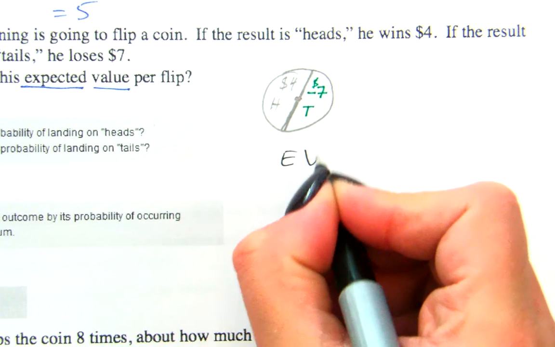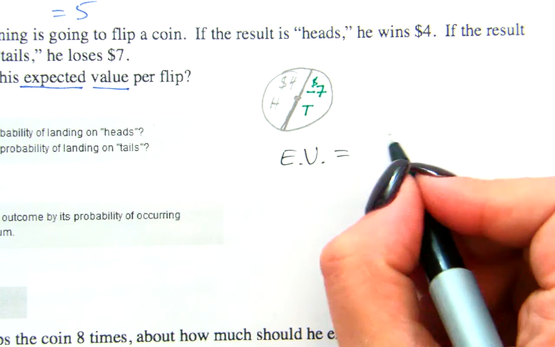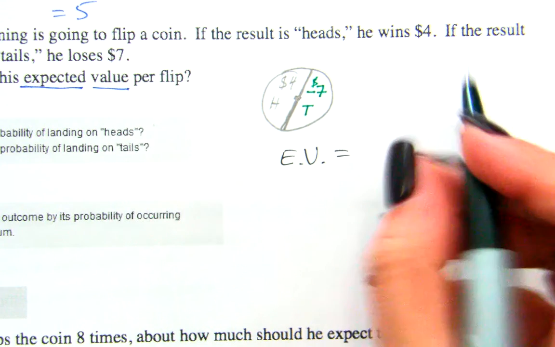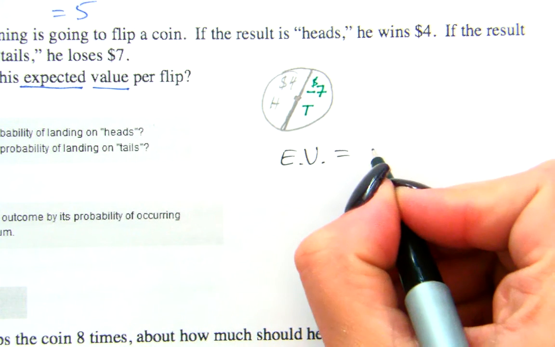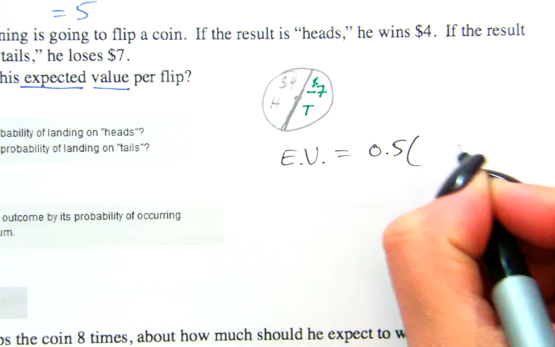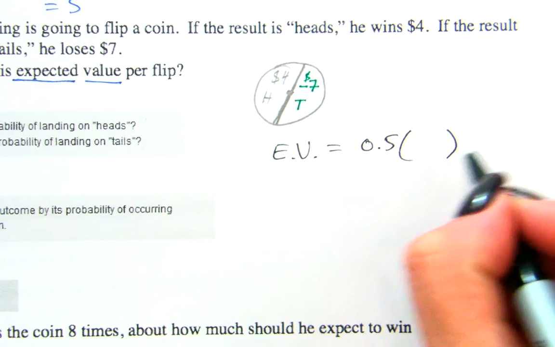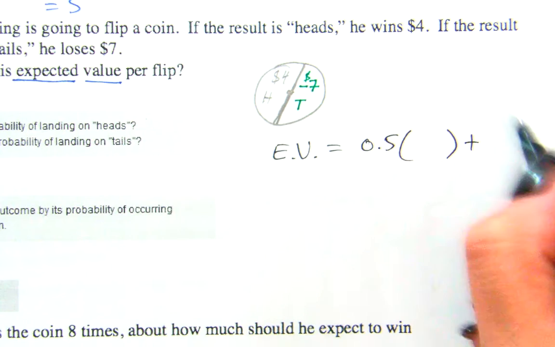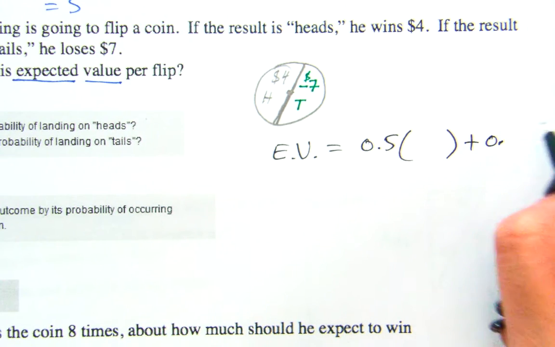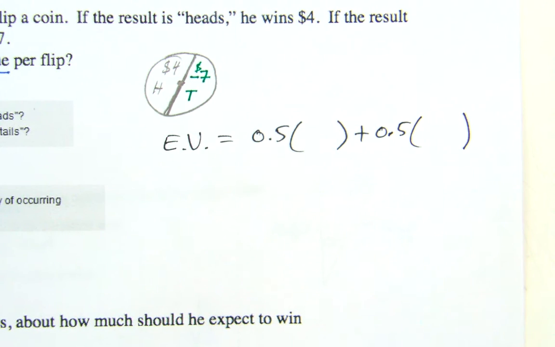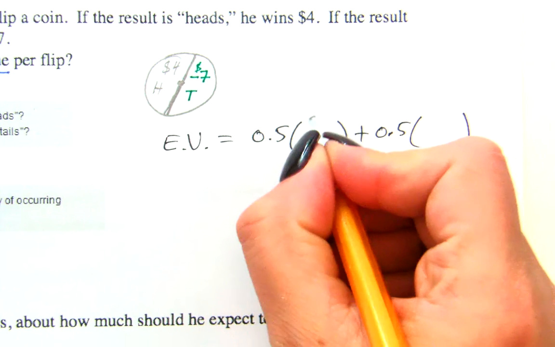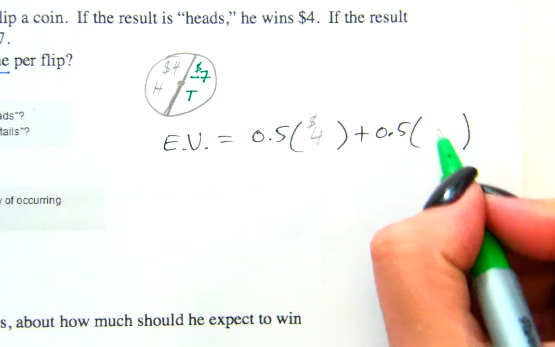So your expected value is going to equal 50%, which is 0.5, times plus the other probability, for the tails, is also 50% times. Well, he has $4 for one, and he has $7 for the other.